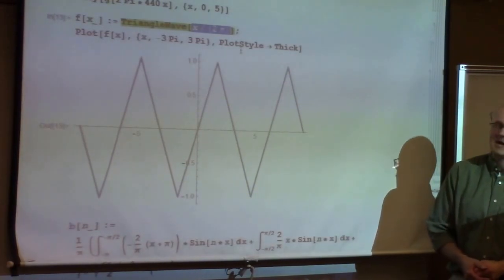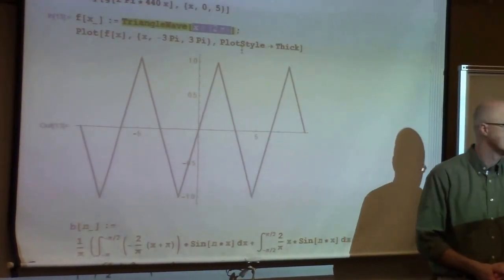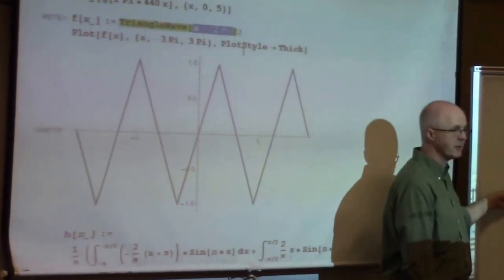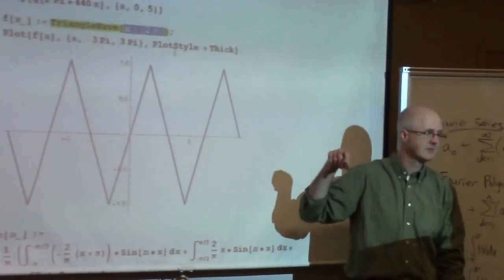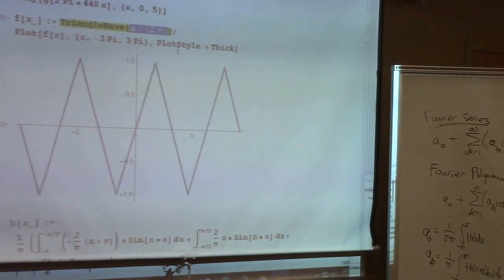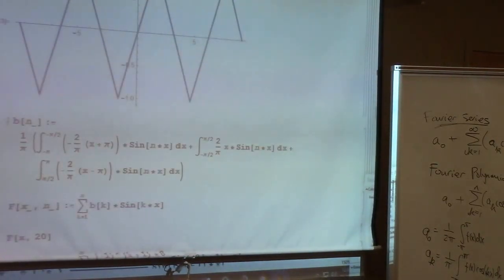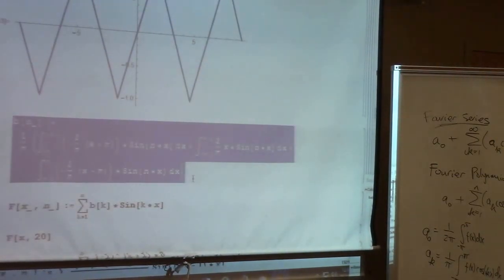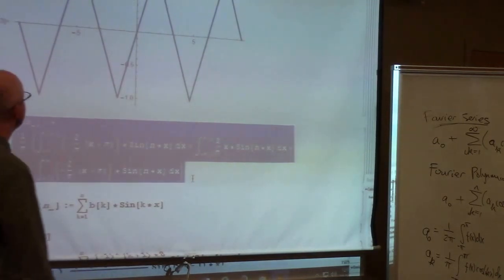So this is a function I can apply these formulas to, to try to get some Taylor polynomial approximation to this graph. I've programmed Mathematica to do this integral for the b's. But you can see it's kind of a mess because this function is piecewise, really.